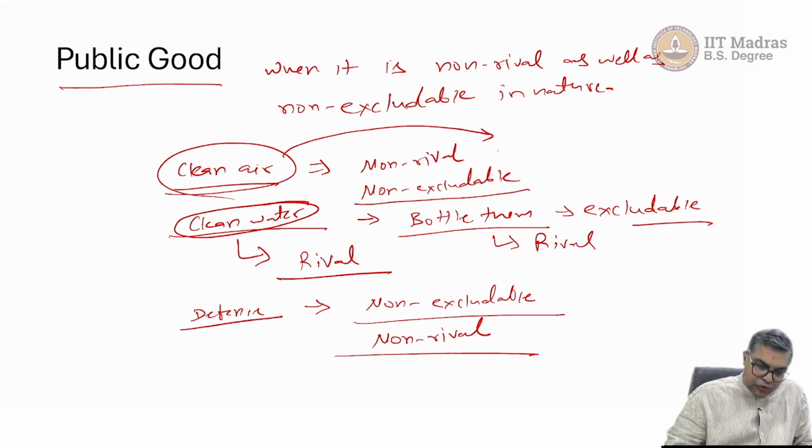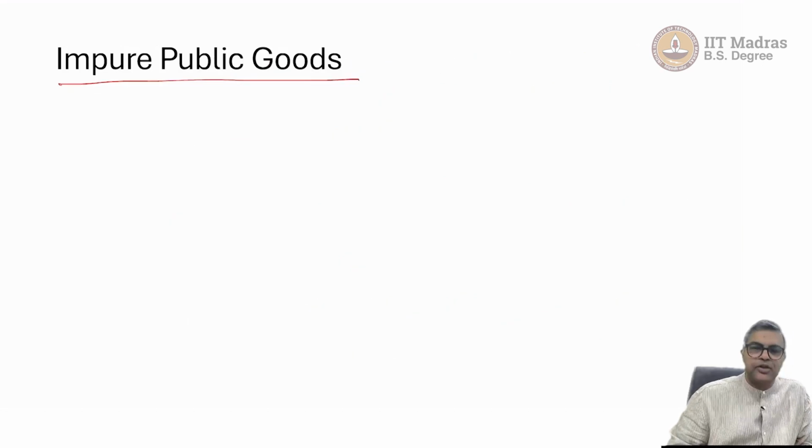But again, when you think about defense, which boundary are we talking about? People who are outside that boundary are getting excluded. So in a sense, there are no pure public goods. Of course, it's very difficult, almost impossible, to come up with an example that gives you a pure public good. That's why we talk about something we call impure public good.